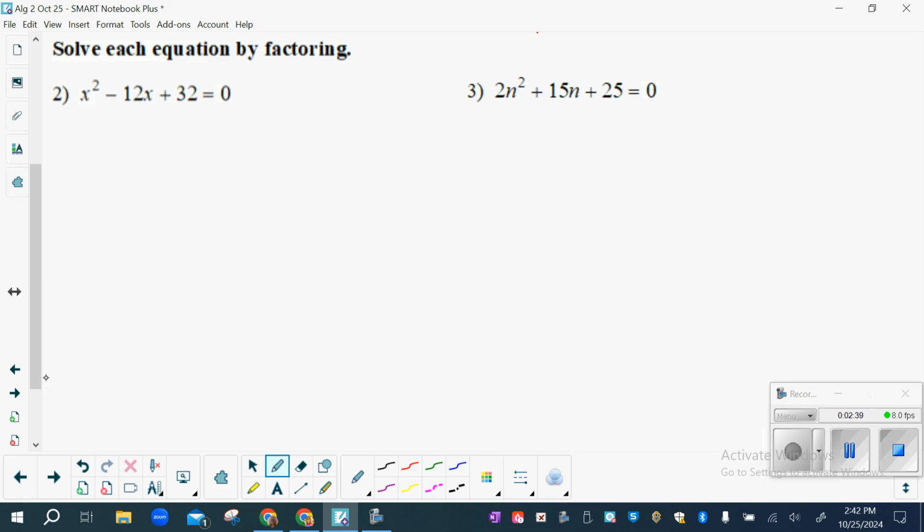So how would we factor that? How do we factor this? It's the x, that's right.